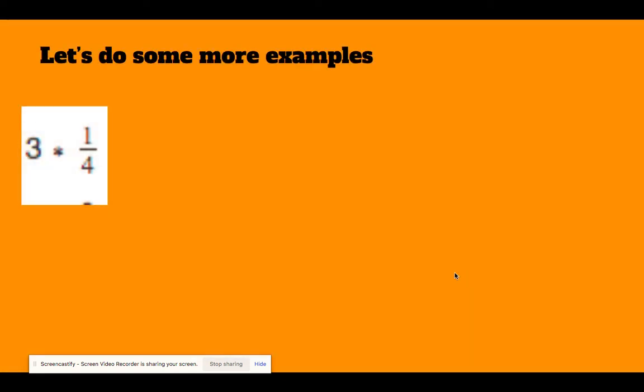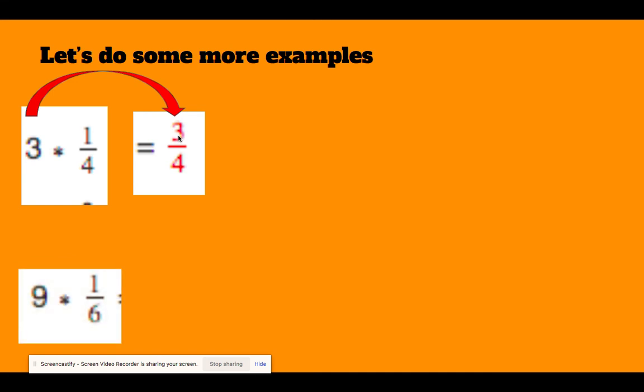So if we had 3 times 1/4, your whole number is 3 times 1/4. So then your answer is going to take that whole number and put it on the top. So 3 times 1 is 3, and you slide your denominator over. You don't change your denominators. Denominators stay the same, right? And again, that whole number is in your numerator.